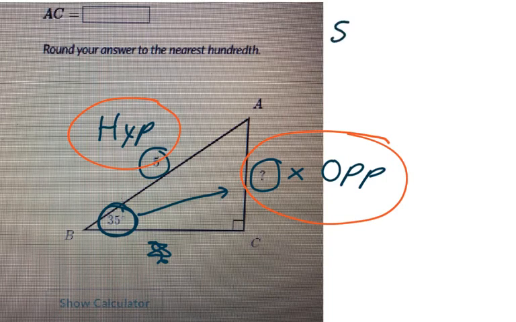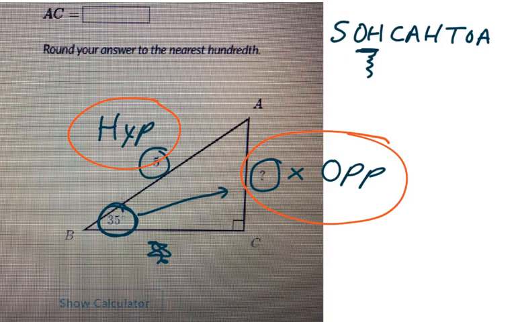Well, that's where some old hippie caught another hippie tripping over apples comes into play. Because opposite hypotenuse, as you can see, is sine. So I know that the sine of 35 degrees is the opposite x over the hypotenuse.